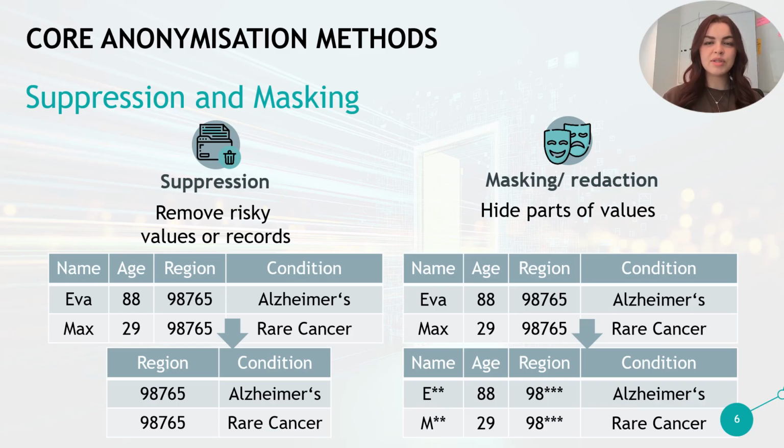These methods can be useful, but they do not automatically make data anonymous. As we saw earlier in the course, removing names or hiding part of a value may still leave combinations that identify people. Often, a safer approach is not to publish individual level records at all.